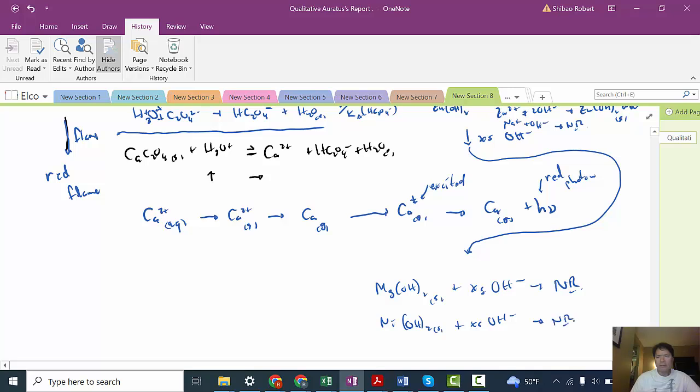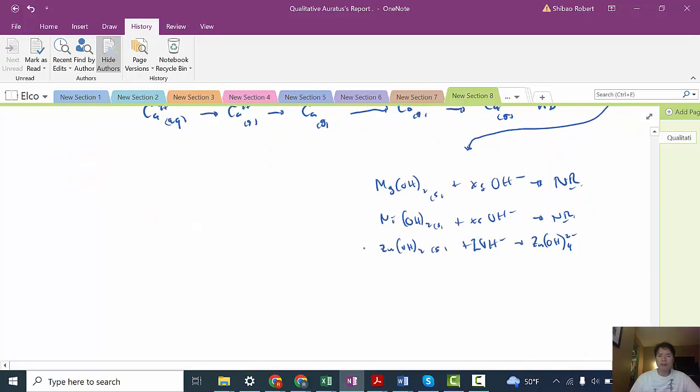We can look this up. We aren't going to form hydroxide complexes with this. However, with zinc hydroxide, if you add too much hydroxide, the zinc precipitate disappears. And so if we add 2 extra hydroxides, in this case, we'll form Zn(OH)4 2 minus. And so we get a reaction here. The precipitate disappears. Only the zinc precipitate. The magnesium and nickel stay put.